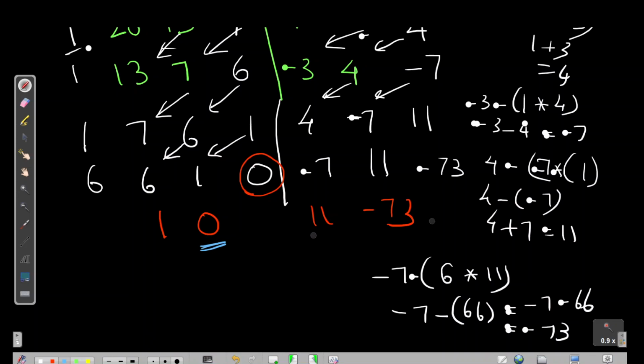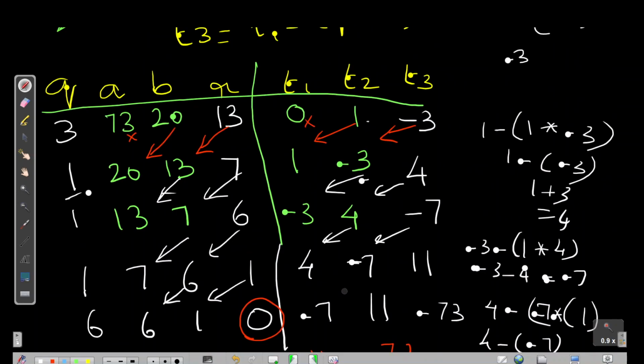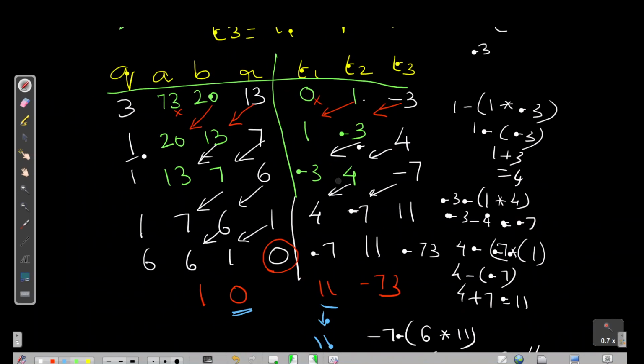At that time, whatever is in T1 will be the inverse. So here I am having 11, so the final value is 11. So from this table, when B equals 0 and I am not able to perform division further, I stop the algorithm. At that time, the value of T1 will give me the inverse answer.